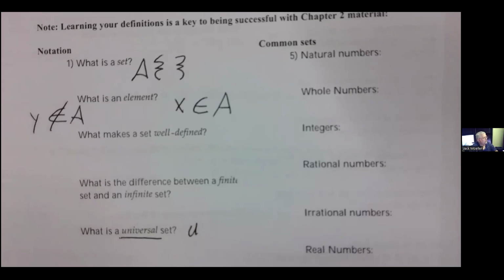Or for example, if I was trying to write a universal set for all my survey students, I could make that my universal set: all my students in math 1413, or it could go bigger, all Cal Albert math 1413 students, or even bigger, all Cal Albert students.